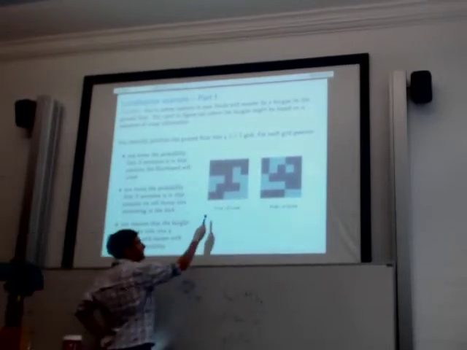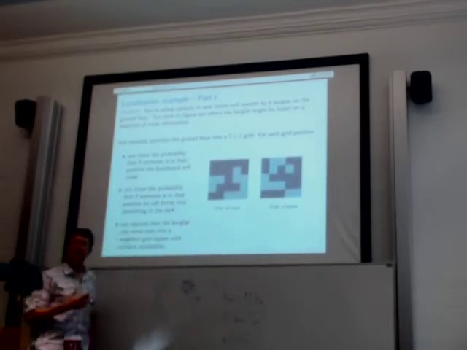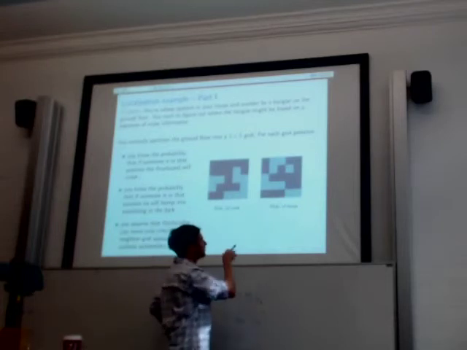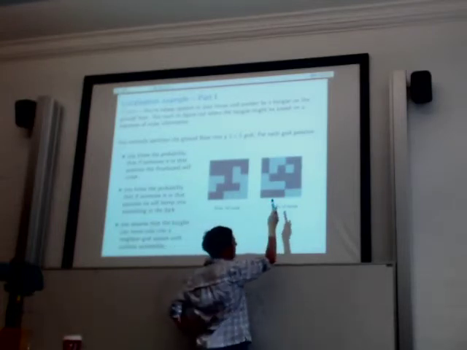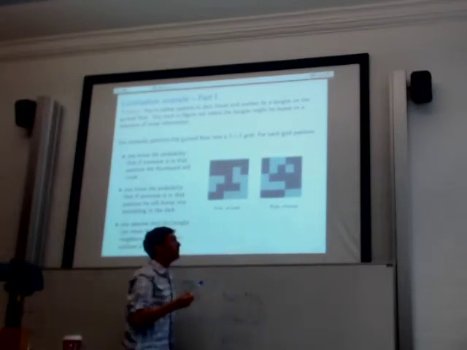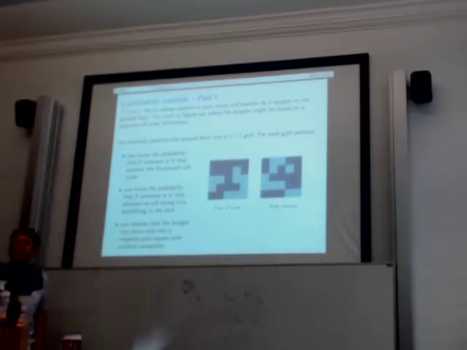But if the burglar is here, the probability the floorboard creaks is quite low. Similarly, because you know the layout of the kitchen, if the burglar is here, the probability of him bumping into an object, a table or a chair in the dark is high. Otherwise, it's low. So this is your knowledge of your kitchen.